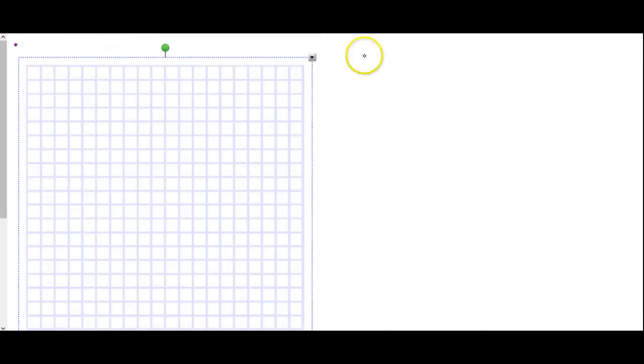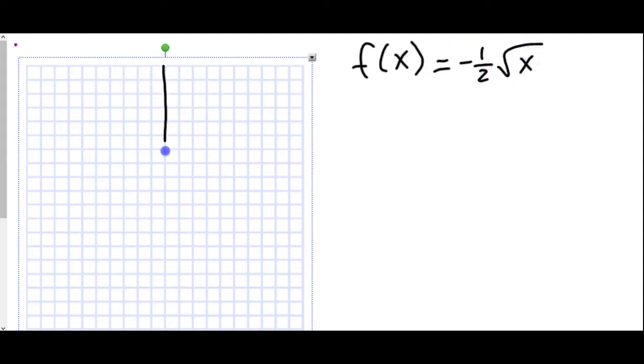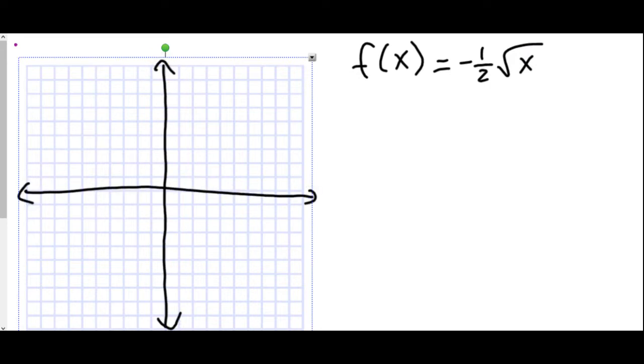So let's do an example. Let's say f of x equals negative 1/2 square root x. So we have 0, 0, 1, 1, 4, 2. This time I'm going to put the points above because our graph is going to shrink.